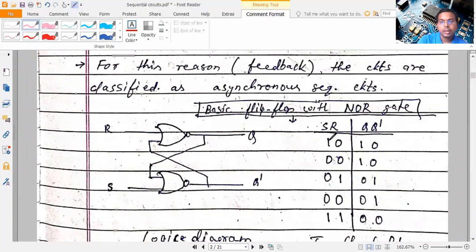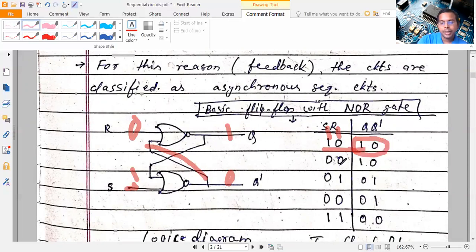Once again, I am giving input 1 to S and 0 to R. When S is 1, only one input can decide the output, and in the case of NOR, the output will be 0. This 0 and the other 0 both come to the other gate, so if both inputs are 0, the output becomes 1. So Q becomes 1 and Q dash becomes 0.